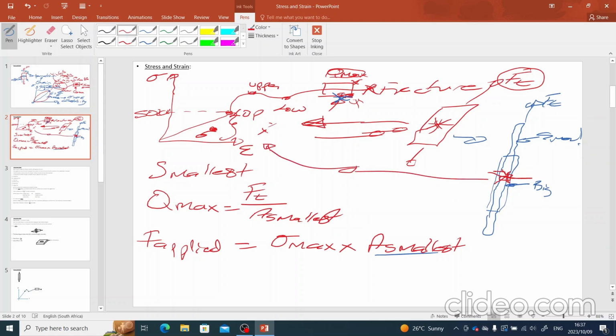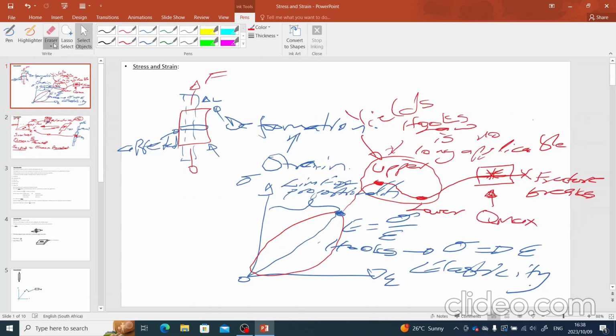Now, what is it that we know about that region? We know that the area is small, and we use that smallest area to calculate maximum stress, and we use that smallest area to calculate the force applied, or the maximum force on that test piece. Okay, that's what we said in N4.